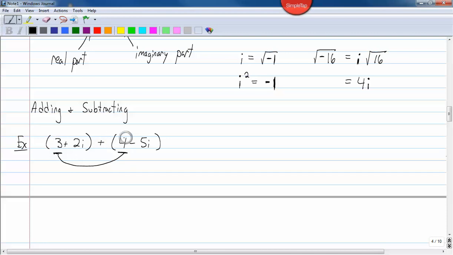So 3 plus 4 is 7. And then look at the imaginary part. A positive 2i plus a negative 5i. You could think about that like it was a positive 2x and a negative 5x. You do it the same way. So 2i minus 5i is a negative 3i. So just add like terms or subtract like terms.